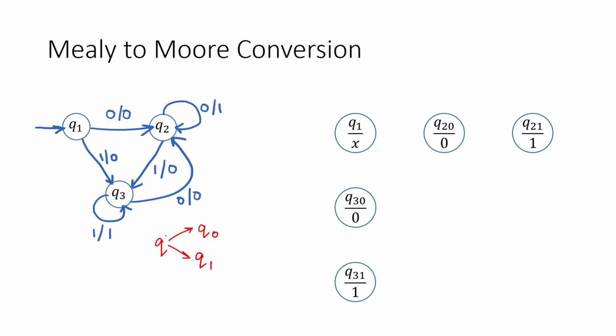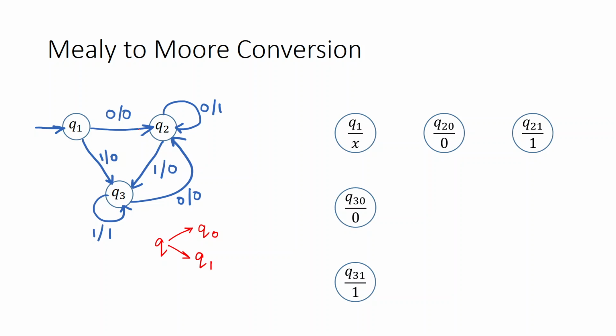If while coming to the state you have generated output 0 as well as output 1, you have to check all incoming arrows to a state. If all incoming arrows to a state have only the same output, then the state remains as it is.